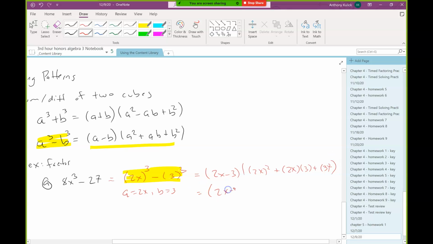And I can simplify things there a little bit. 2x squared is 2x times 2x, so that's 4x squared. 2x times 3 is 6x, and 3 squared is 9.